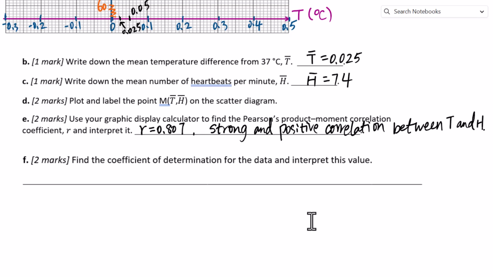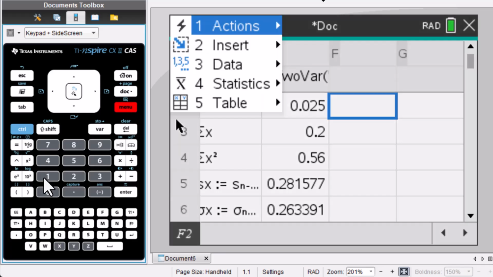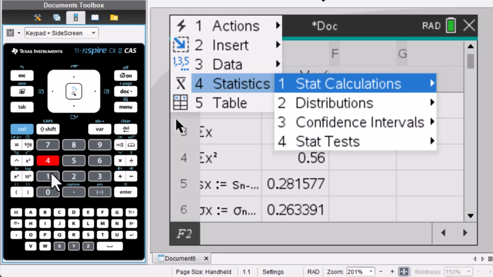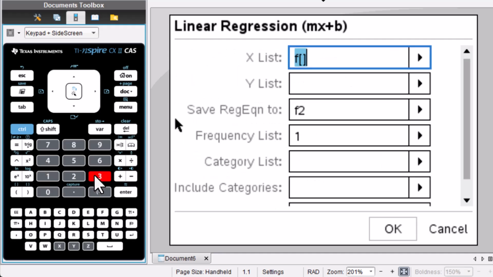F. Find the coefficient of determination for the data and interpret this value. We can get R squared from the regression line. Click on menu, 4, 1, 3, linear regression line.